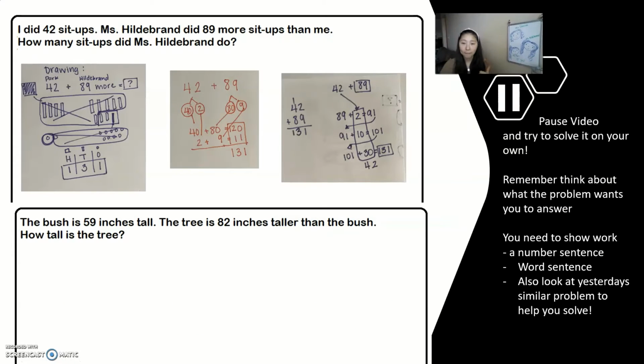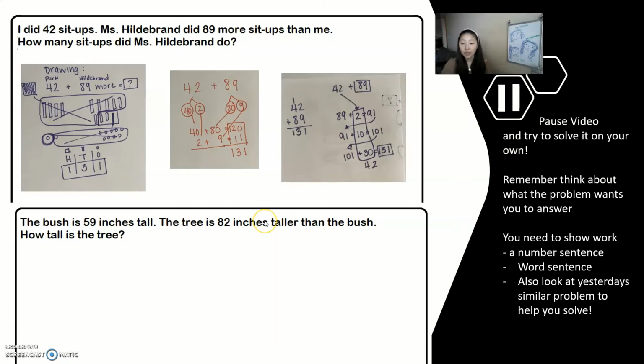I do have my last problem up there for you, my drawing way, my splitting tens and ones way, and my think addition in vertical way, so that you can look at it while you're solving. Remember that you're not doing 42 plus 89 in this at all. Your numbers are 59 for the bush and 82 for the tree.